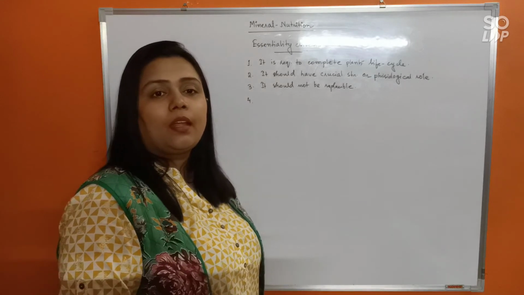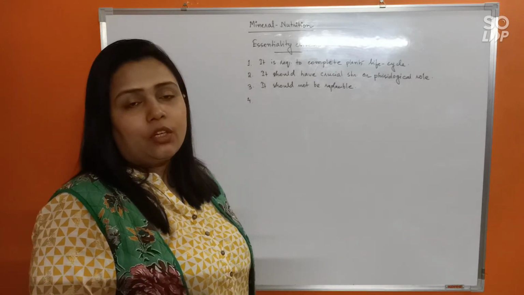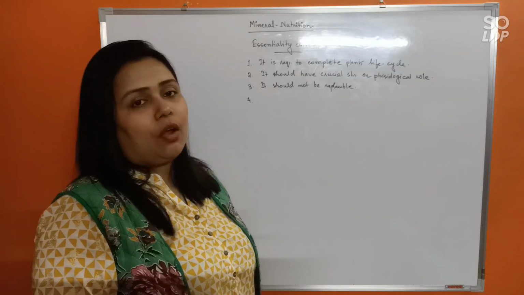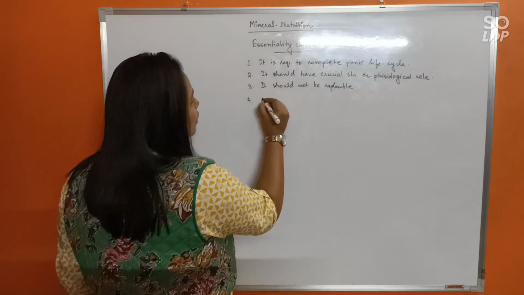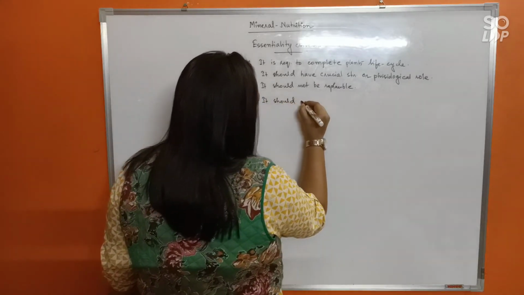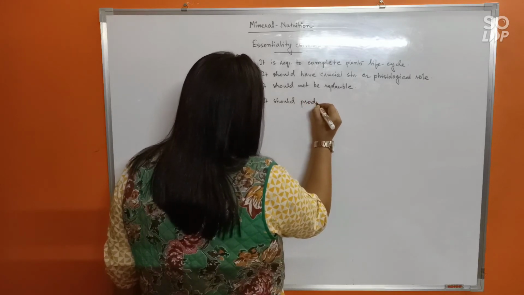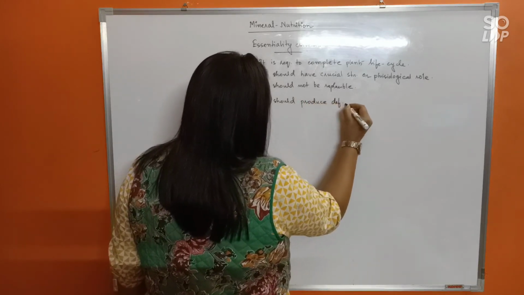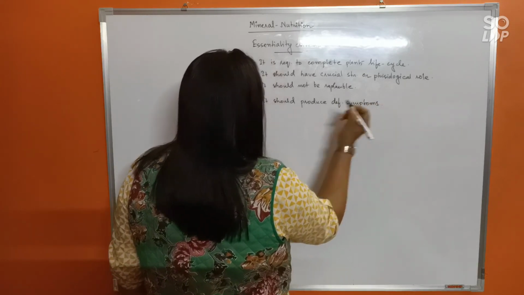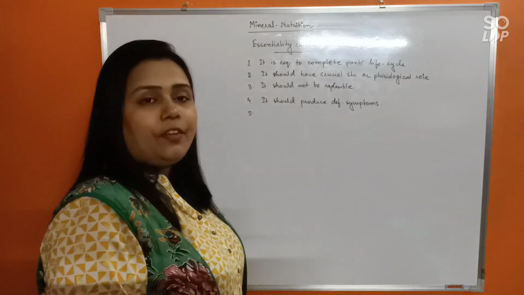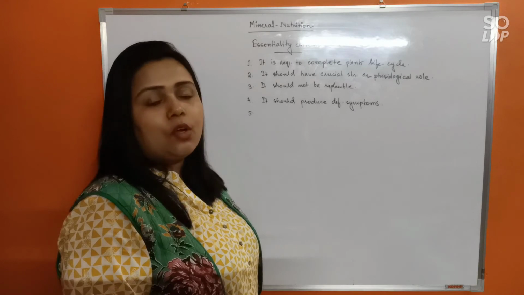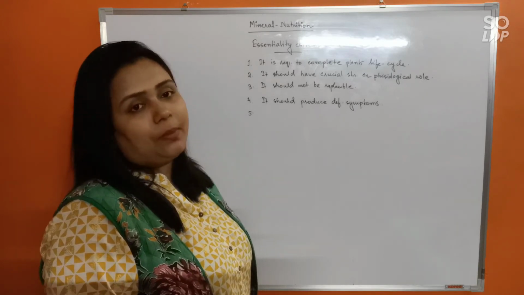Next, the element to be called essential should produce some deficiency symptoms in case it is absent in the surrounding of the plant. So, it should produce deficiency symptoms. And finally, the deficiency symptoms must disappear once the element becomes available to the plants.